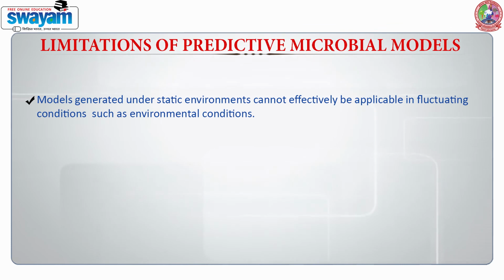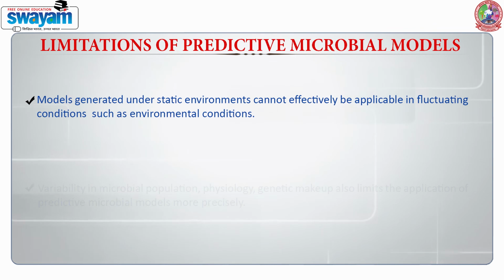Models generated under static environments cannot be effectively applicable in fluctuating conditions. These fluctuating conditions are usually a norm in case of food products because there can be a change in the environmental conditions such as the temperature during the transportation or during the storage, during the retail or other related factors.